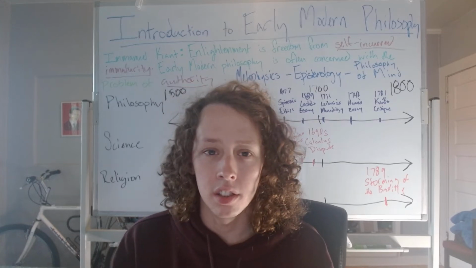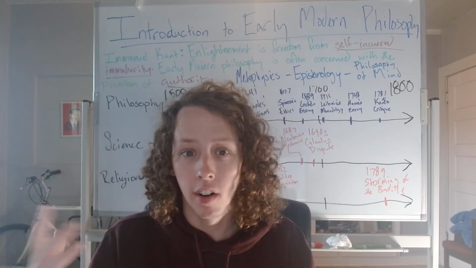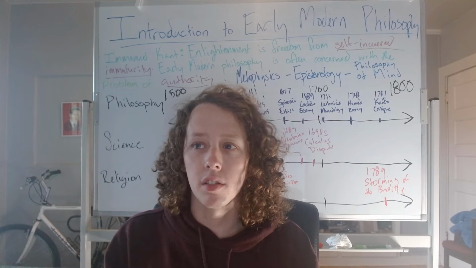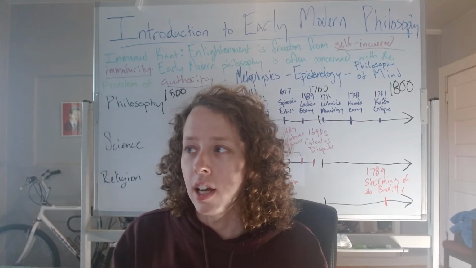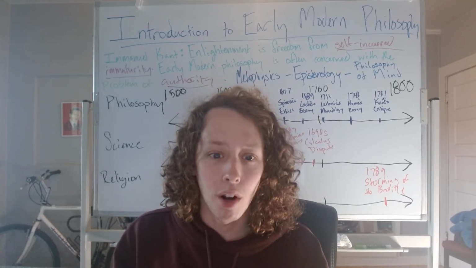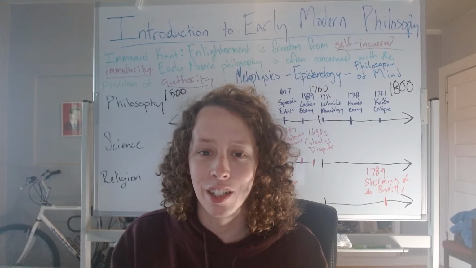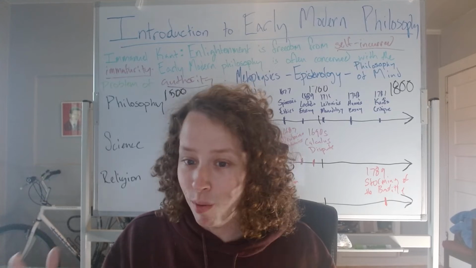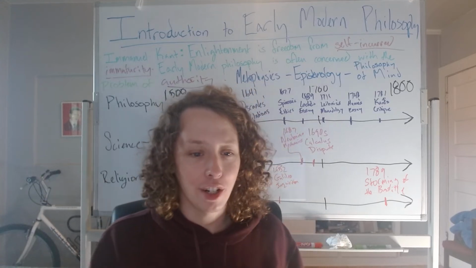Wilfrid Sellars was an American philosopher, and he described philosophy as how things, in the broadest possible sense of that term, fit together in the broadest possible sense of that term, right?